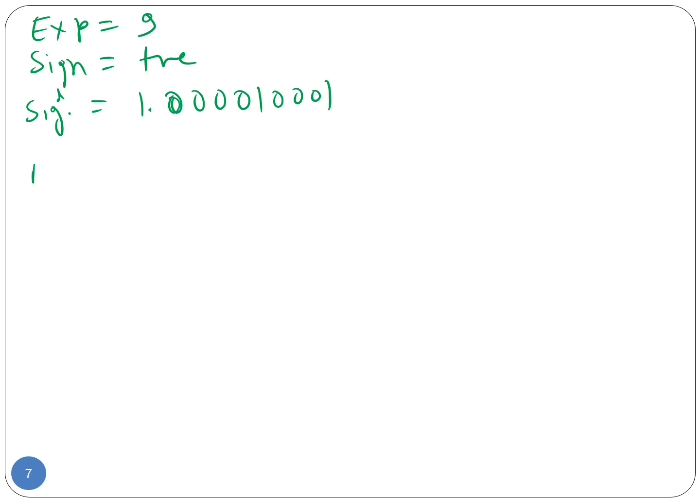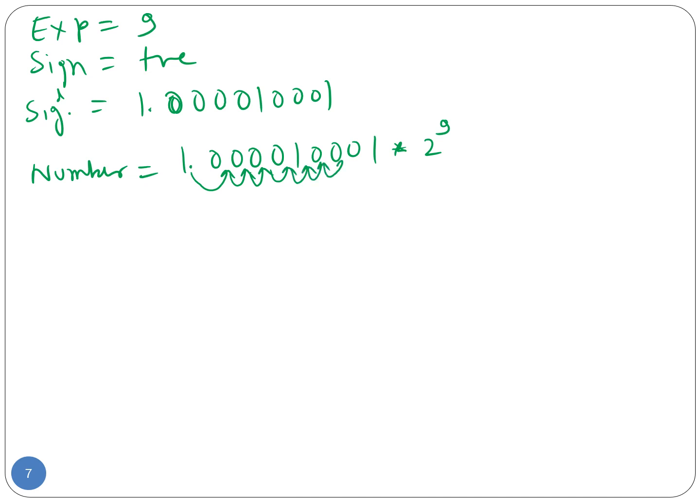So the number that we are looking for is actually 1.000010001 multiplied by 2 to the power 9. Okay, so after this multiplication, the binary point should move 9 positions to the right, which is basically here, right? So the number after multiplication becomes 10000010001. Okay, so this is the number.